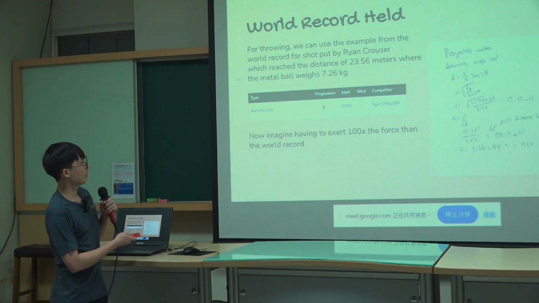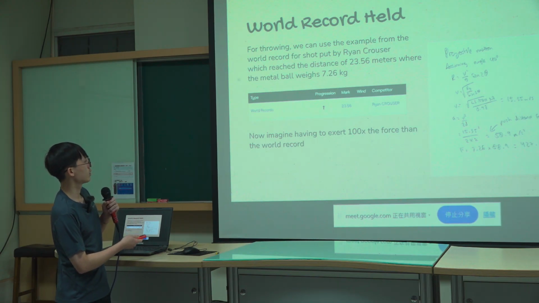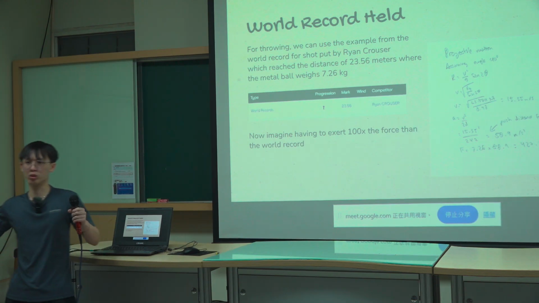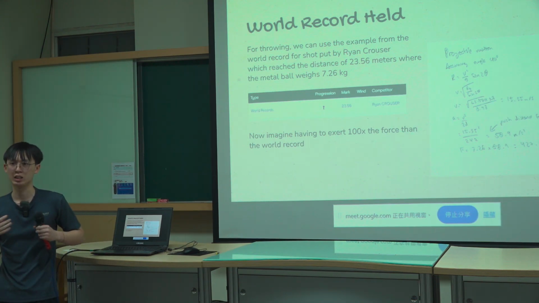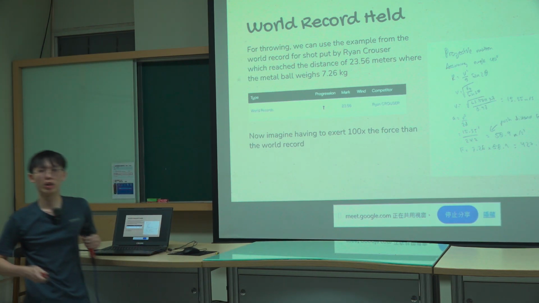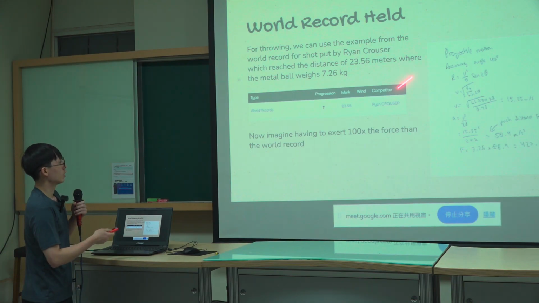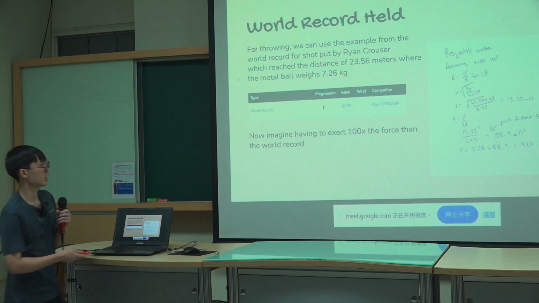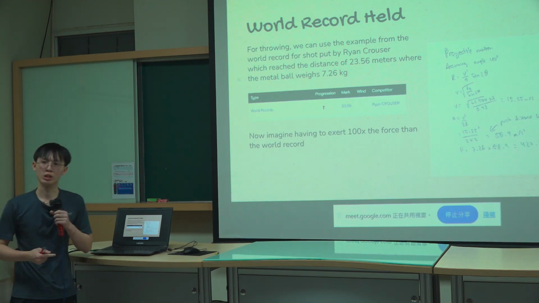Here, I use the acceleration distance as 2 meters because in shot put we don't only use our hands but also our legs, so we move more. As a result, the amount of force exerted is around 427 newtons.